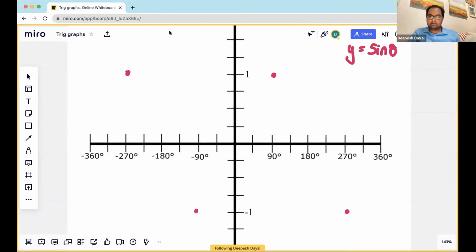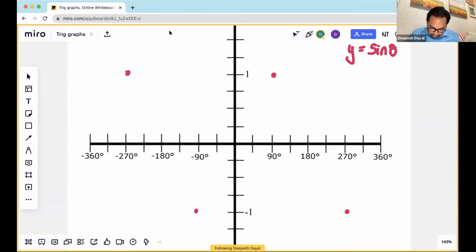Okay, so now we're going to connect them. We're going to start at 0 here, 0 and 0. I think this color is not very clear.